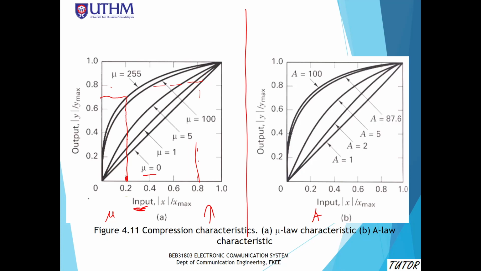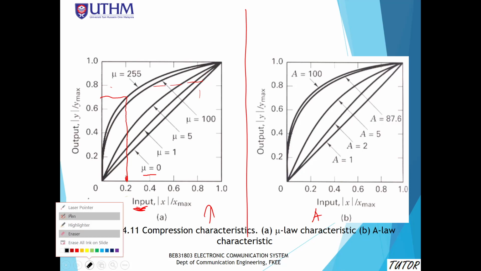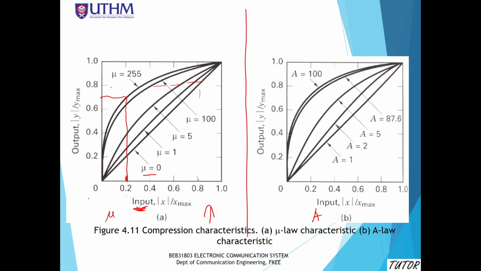Another example: if the input is 0.8, we produce an output of, for example, 0.95. So you see that for larger input, the increment is smaller, and for smaller input, the increment is bigger. This is what happens when we do the compression process.